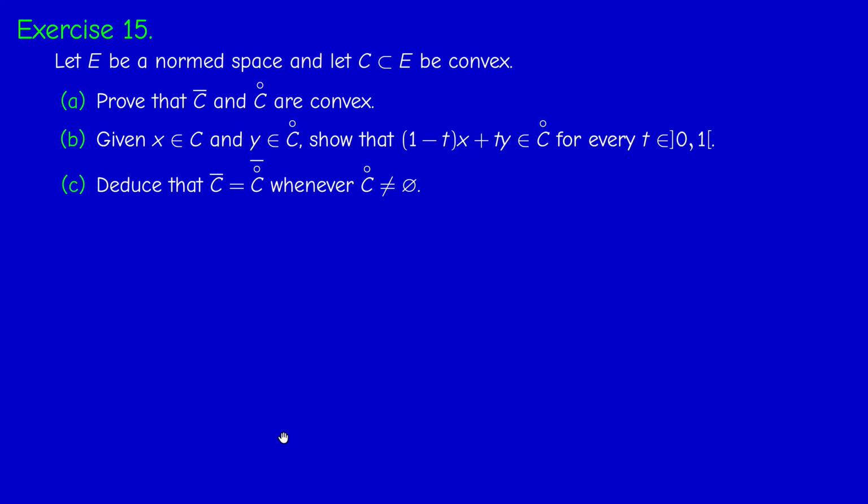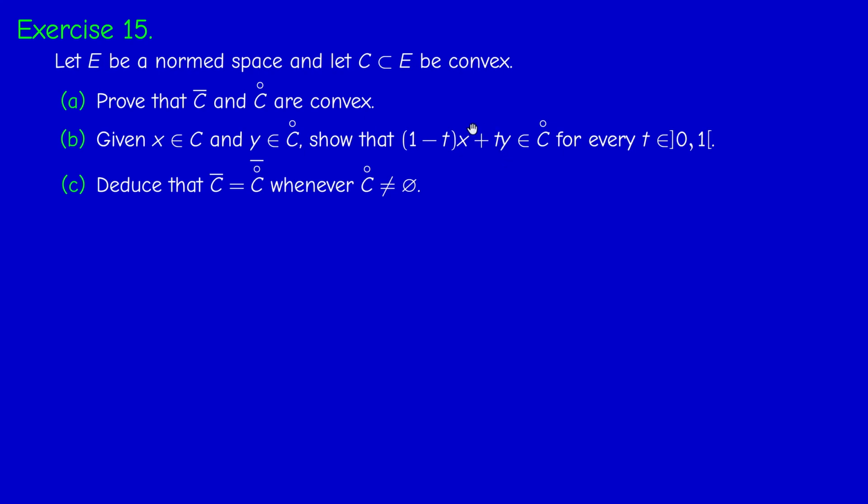Exercise 15 is a very useful exercise in convexity. We have to prove that in a normed space, the closure and the interior of a convex set are also convex. Second question: if we take an element x in the convex set C, and an element y in the interior, then the straight line segment joining x to y is contained in the interior.